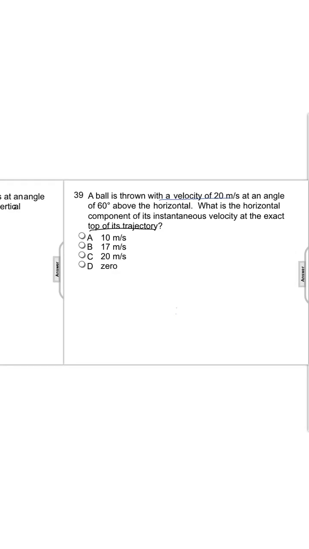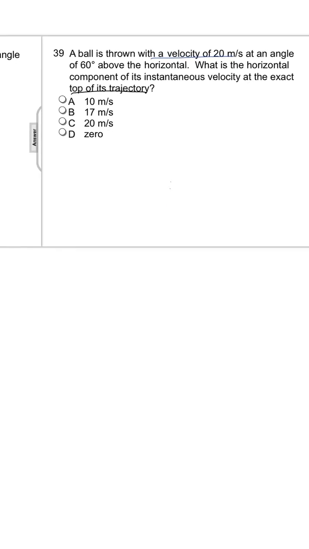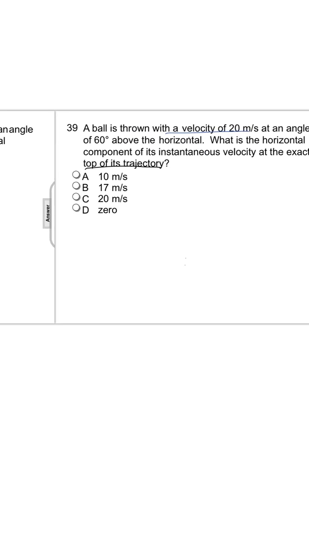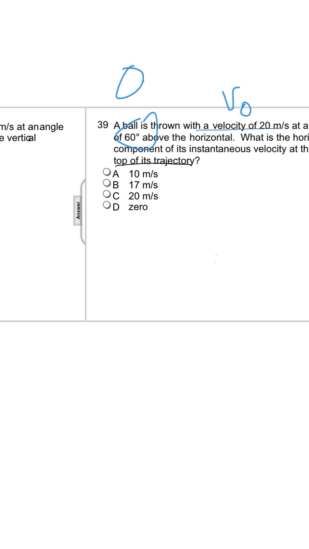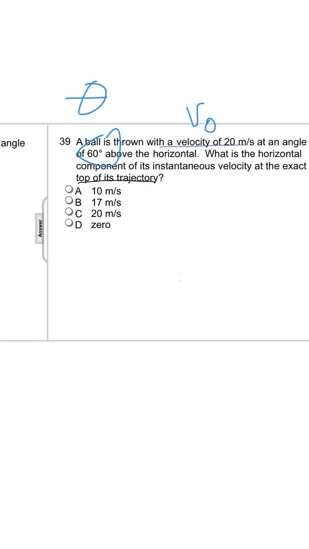Okay, this one, a ball is thrown with velocity. They give you VO. They give you the launch angle. What is the horizontal velocity at the exact top?